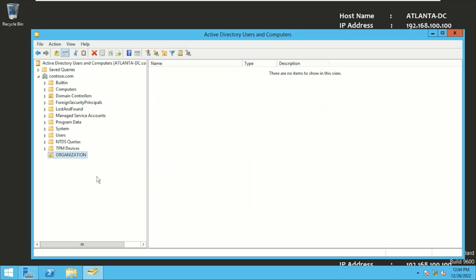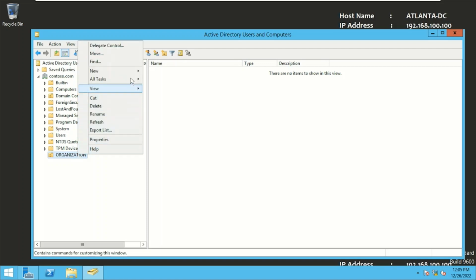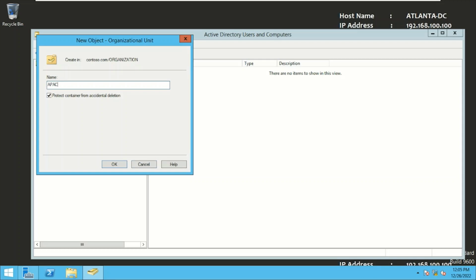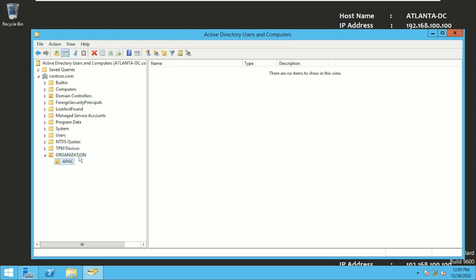So here we go. As per the proposed design, there will be an OU named Organization under the domain root.